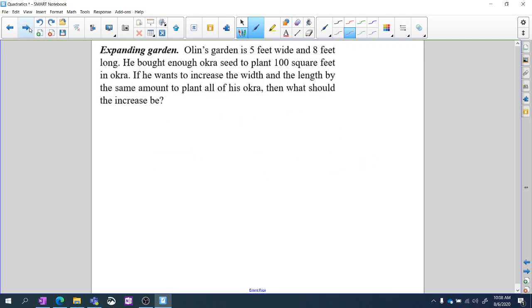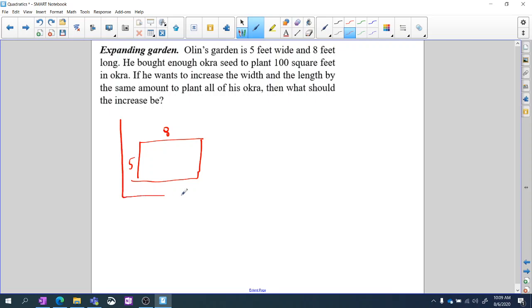Olin's garden is 5 feet wide and 8 feet long. So it's 5 and 8. He bought enough seed to plant 100 square feet in okra. If he wants to increase the width and the length by the same amount, so he's going to make this bigger.